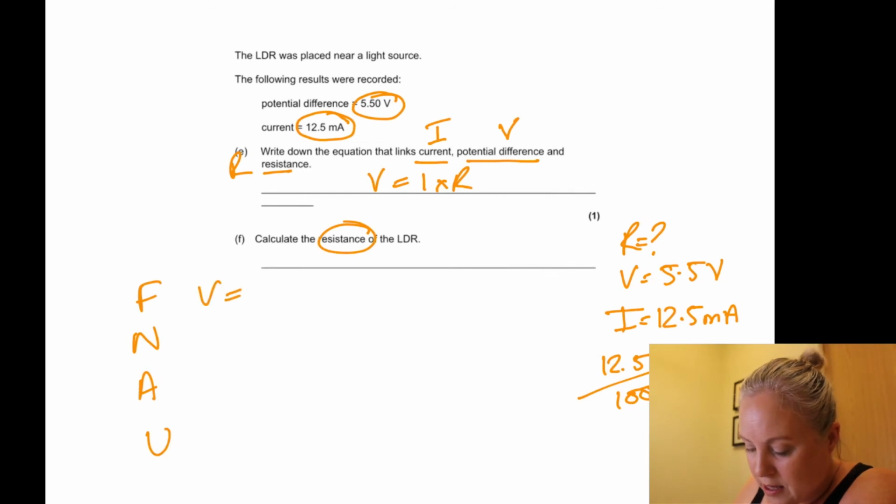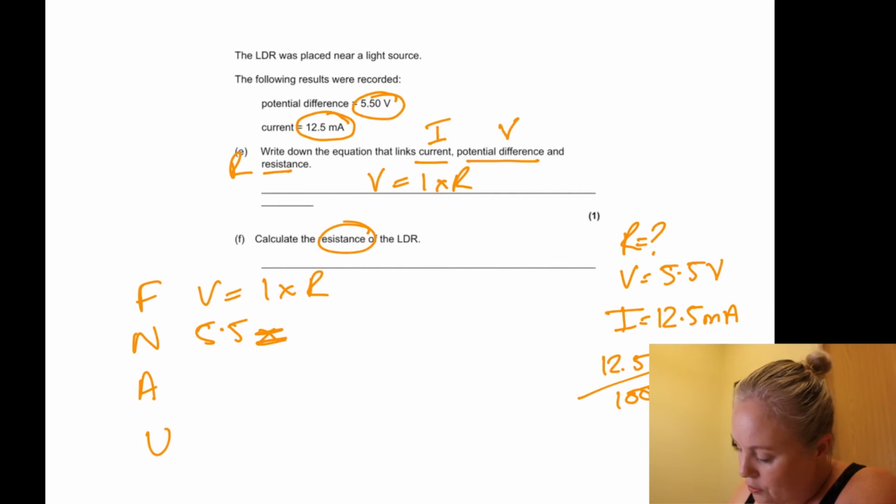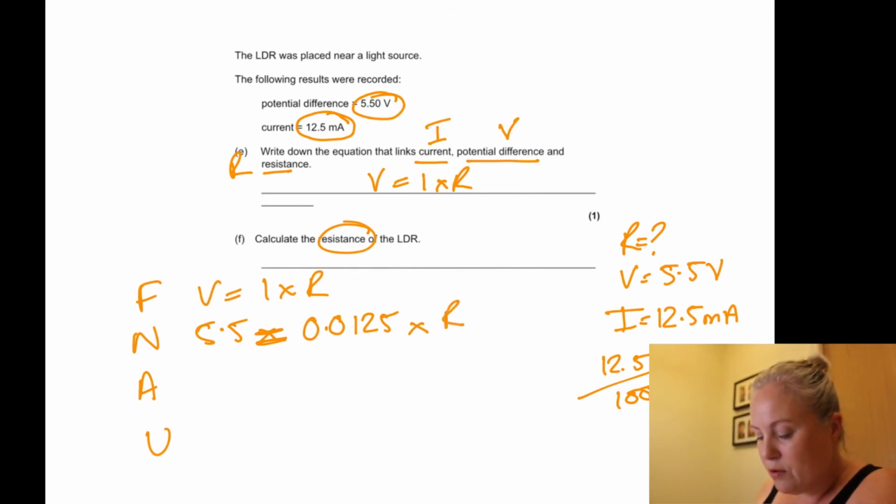So the equation we're going to use is V equals I times R. We're going to put the numbers in. We know that the potential difference is 5.5. We know that the current is 0.0125 times the resistance, which we don't know. Now, to get resistance on its own, we're going to divide 0.0125 on both sides.